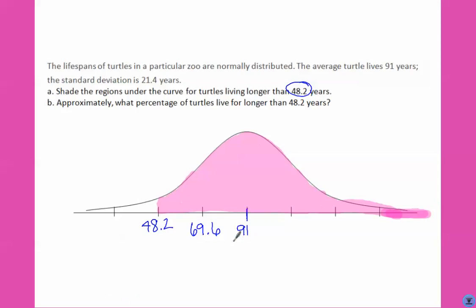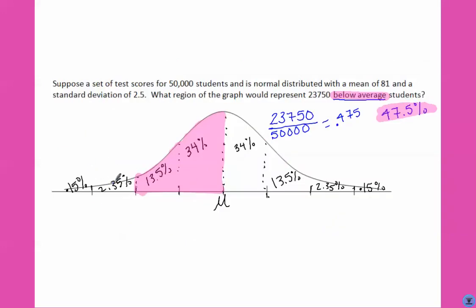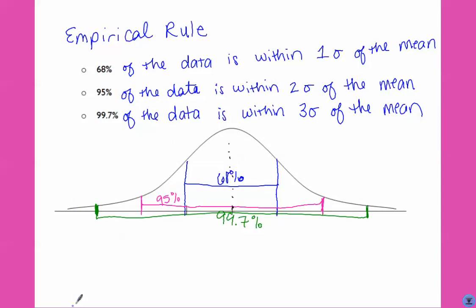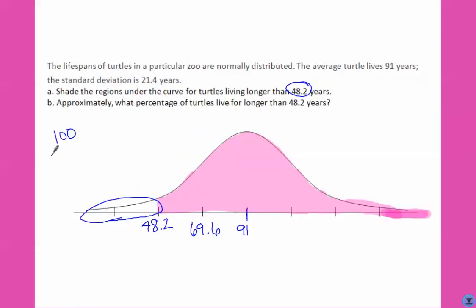There's two different ways of figuring it out. We could either take 100%, because we know that's the whole thing, and subtract out these two little pieces, which from before we know is 2.35 and 0.15. And that will give us that there's 97.5% under the curve.